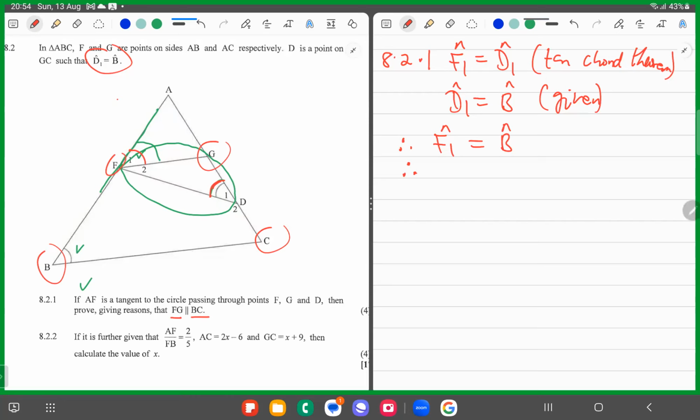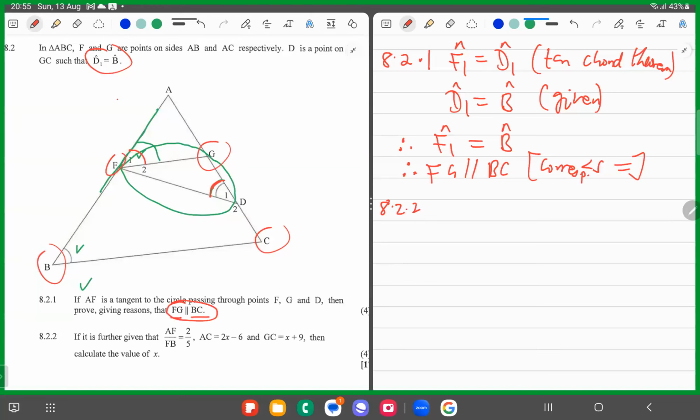The reason is corresponding angles equal, and this is what we had to prove. We had to prove, giving reasons, that FG is parallel to BC, and we've just established that. So we're in business now. We're on track.